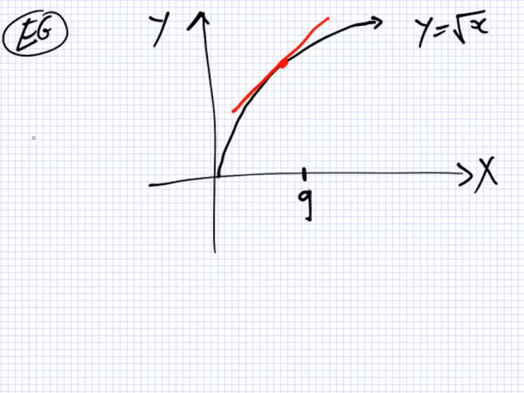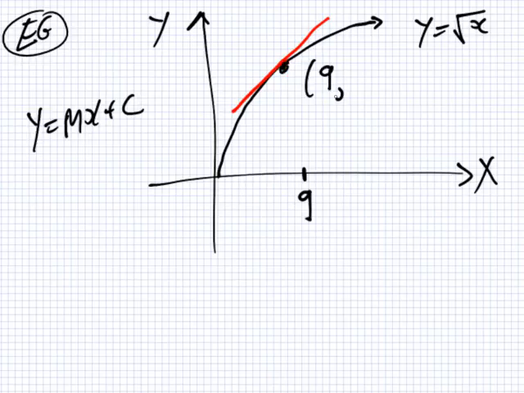So, we have y equals mx plus c. If the x is 9, what's the y? 3. Square root 9. Okay, y, or f(x), if you want, is x to the power of a half.